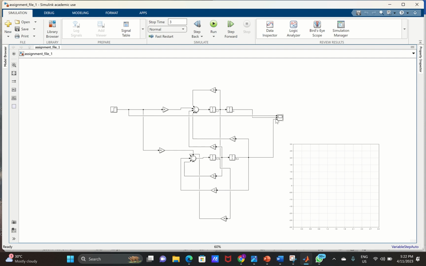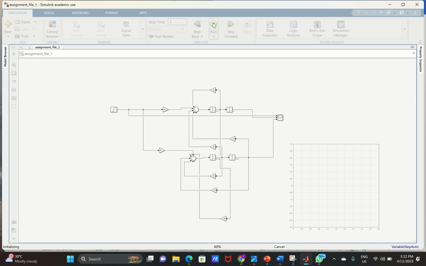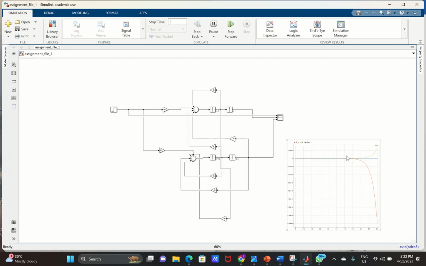That's what we feed into our scope to view the different graphs and behaviors of the system. When we run, we get this particular behavior on the dashboard scope. Then we shall also view the behavior on the scope more closely.